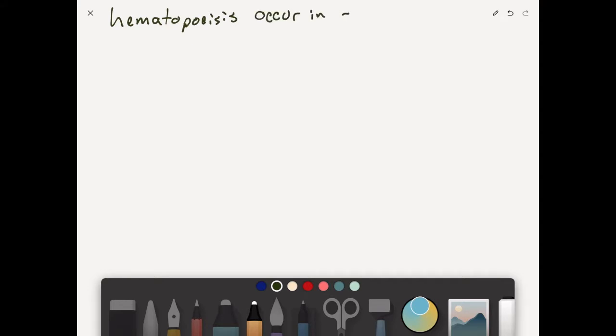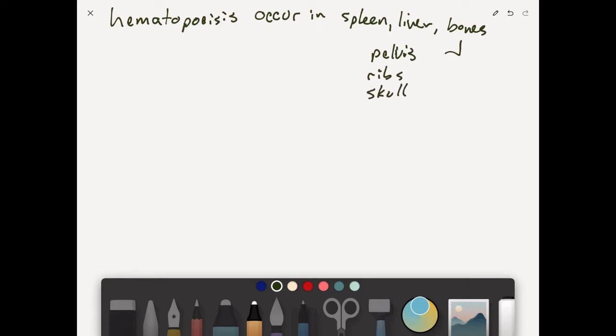Occurs in the spleen, liver, bones. The number of bones that hematopoiesis occurs in changes or decreases throughout our life until it's only left in the pelvis, ribs, some bones of our skull.